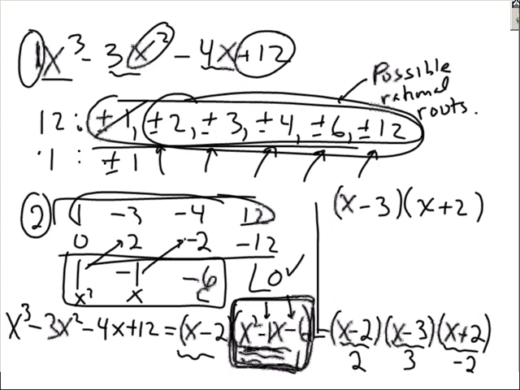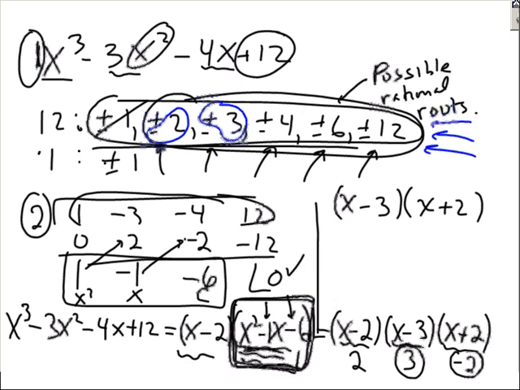Now just for the record, we just came up with 3 and negative 2. And what do you know? They were on our possible list, plus 3 and negative 2. They were on our list because they're rational. Every rational zero is on this list.